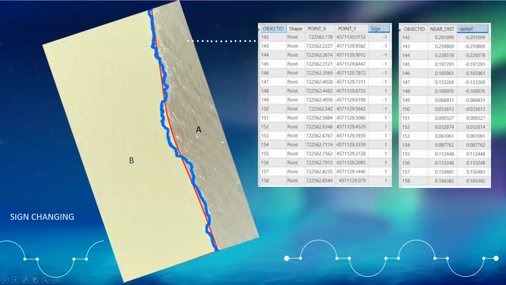So to change the sign for the amplitudes, which are delta y, here at the attribute table, I created two polygons, let's say A and B. Every point which is in polygon A will have a positive sign, and points included in polygon B will be negative. And voila, our amplitudes have a sign. The tables then were converted to Excel and were ready for the future analysis.